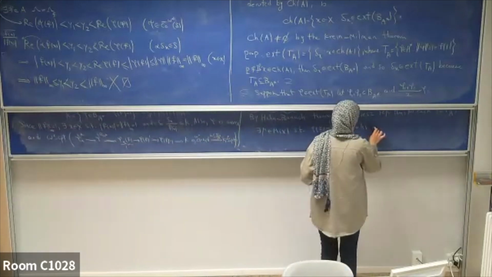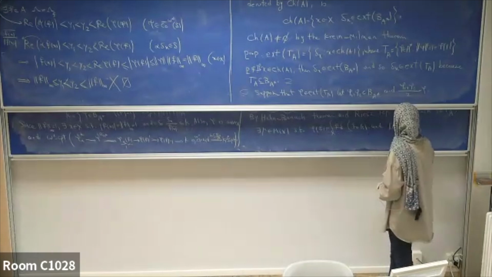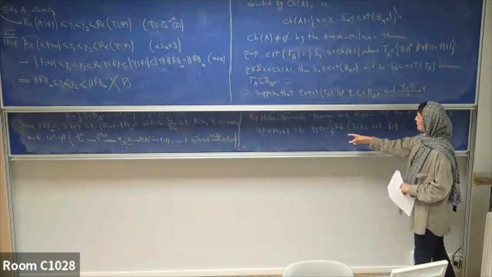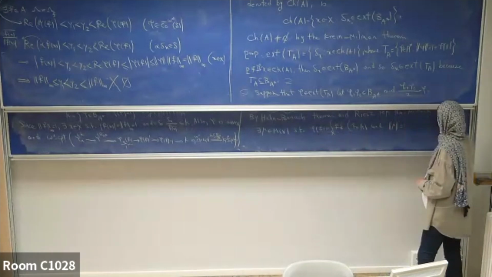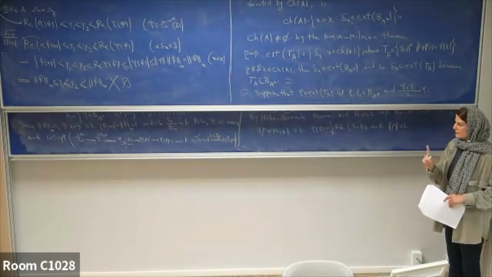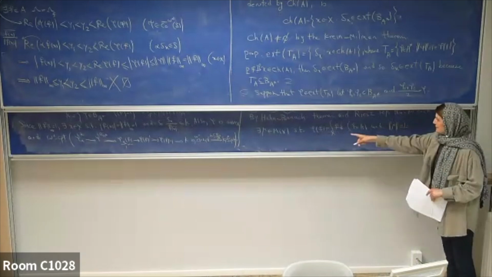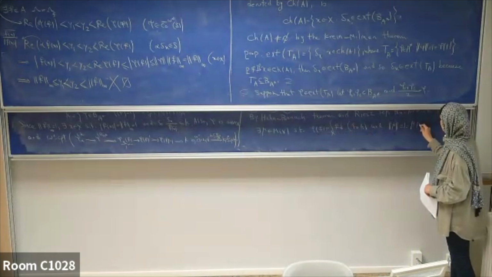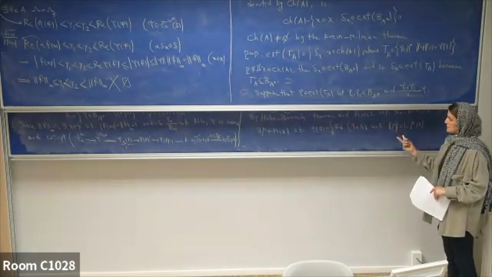And of course, the norm of mu is the norm of phi, which we know is 1. And phi of 1 is 1. This is exactly mu of X. So mu is a positive measure.